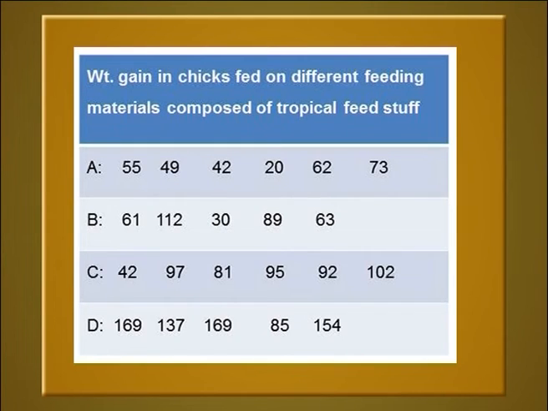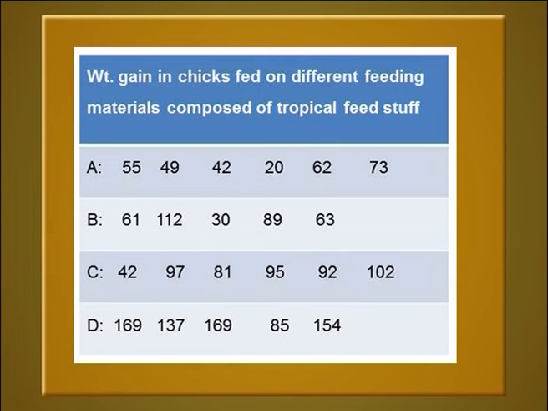Data is given: weight gain in chicks fed on different feeding materials composed of tropical feedstuff. So, the first treatment, or first kind of foodstuff, is given to 6 chicks and the values are 55, 49, 42, 20, 62, 73.